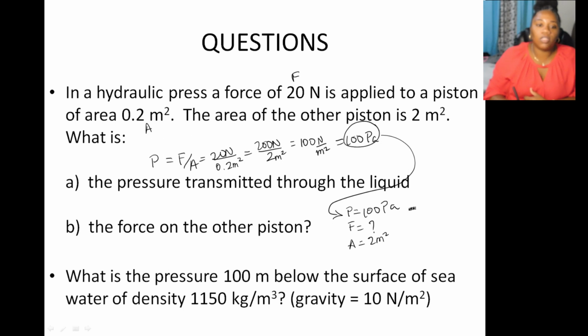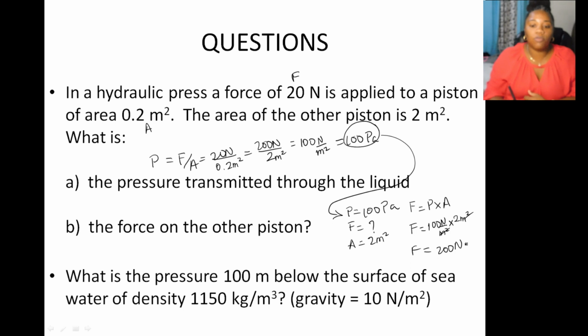If P is equal to F over A, then F is equal to P times A. So F would be 100 newtons per meter squared times 2 meters squared, which is equal to 200 newtons. So a force of 20 newtons could produce a force of 200 newtons on the next side. Could you imagine that? That's amazing.